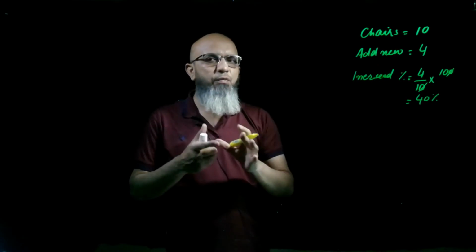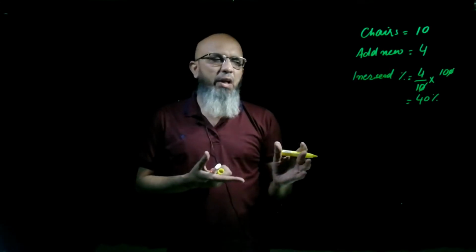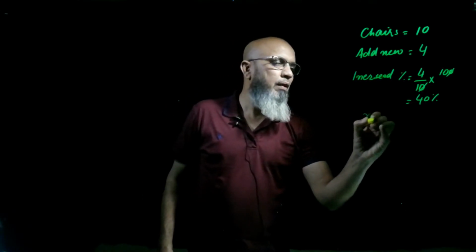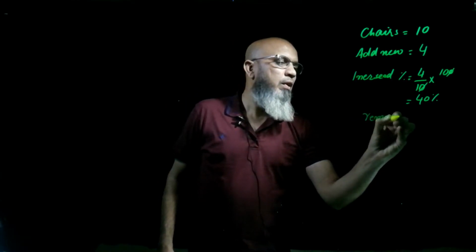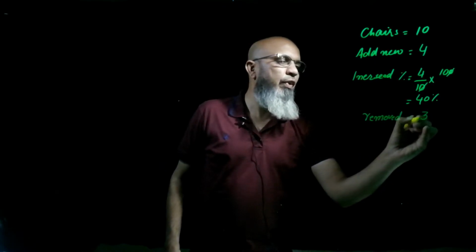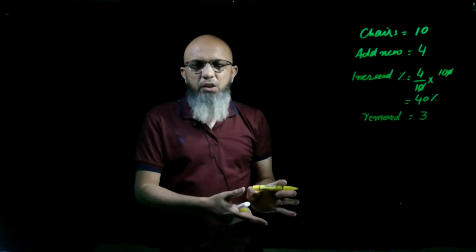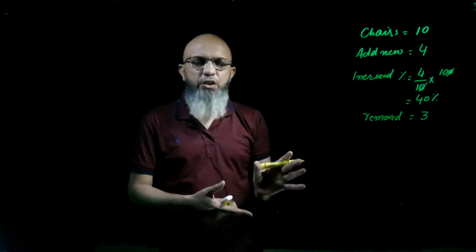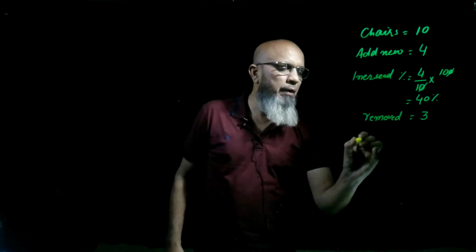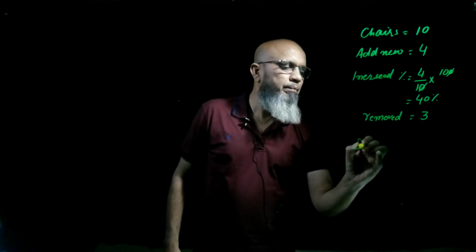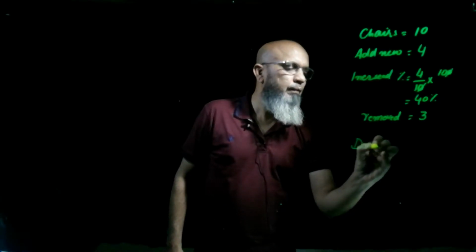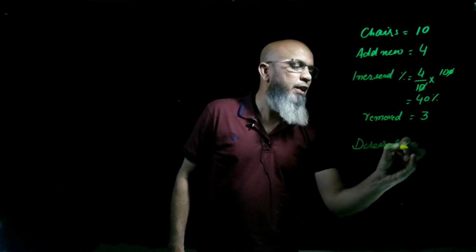Similarly, if we remove 3 chairs, the removed chairs are 3. So now the percentage of chairs decreases. What is the decreased percentage in the chairs? So you can write here simply decreased percentage.